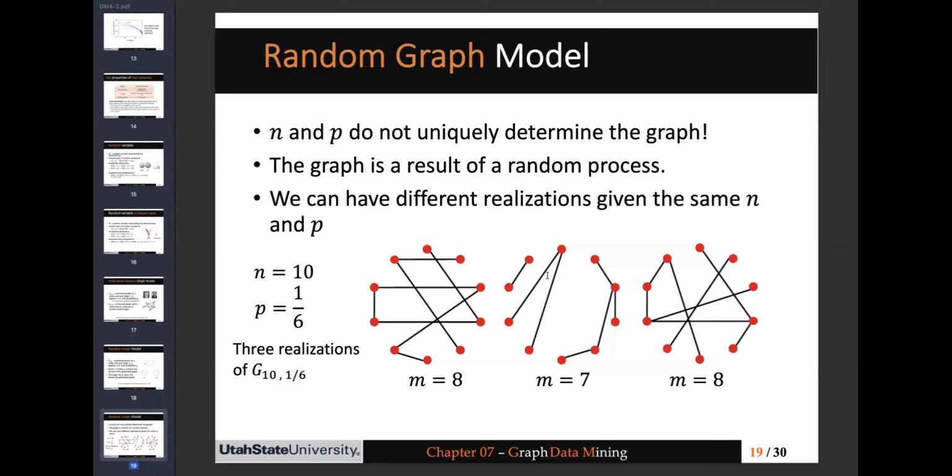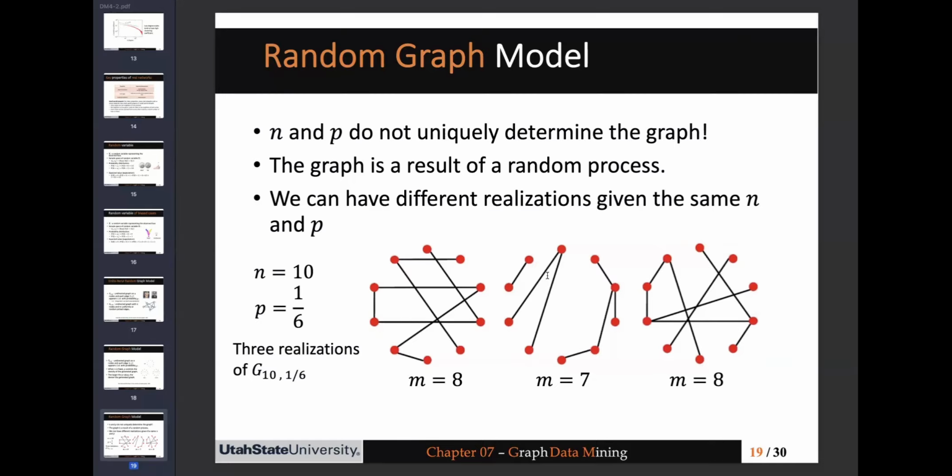Because with the probability of p, I might get an edge between the nodes or not, but if I repeat the experiment, I might get a different outcome with the same exact probability. So each time we generate a graph using the same parameters, n and p, or n and m as well, which is the second Erdos-Renyi graph generation algorithm, we may still get different structures.